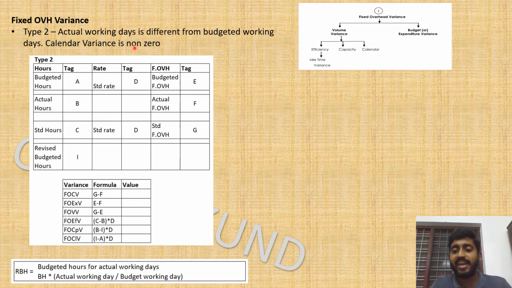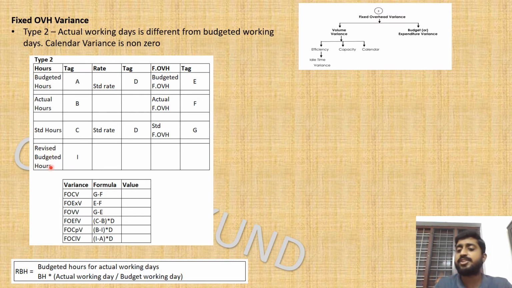How much do we have to calculate in the question? Here also I am putting almost a similar matrix. Budgeted hours, actual hours, standard hours, standard rate, I have not changed. Budgeted fixed overheads, actual fixed overheads, standard fixed overheads, I have not changed anything, but I have added one thing, which is revised budgeted overheads.